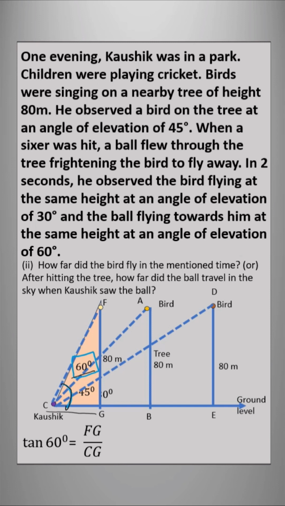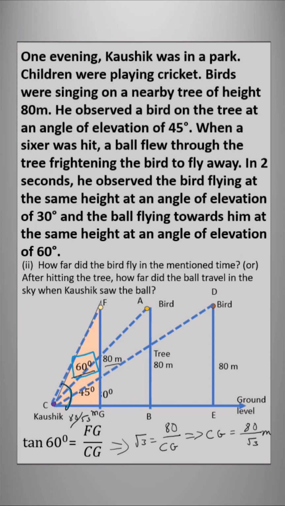Tan 60 means root 3 is equal to FG, which is 80 meters, by CG. So CG is equal to 80 by root 3 meters.